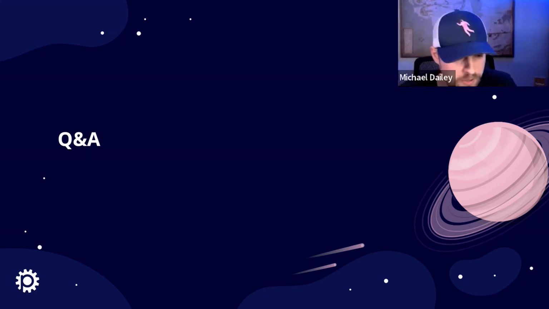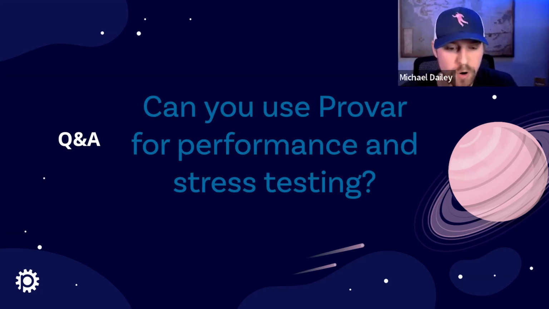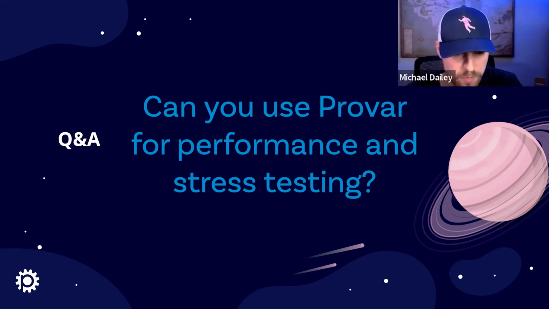Another question around performance testing. Can you use Provar for performance testing? In your example, if multiple users are trying to book an appointment or create a case from Experience Cloud, how would you monitor the response time? Can you use it for stress testing? Great question. What I've just illustrated was one example where you may be able to do some validations on the timings within Provar and see those in the report.